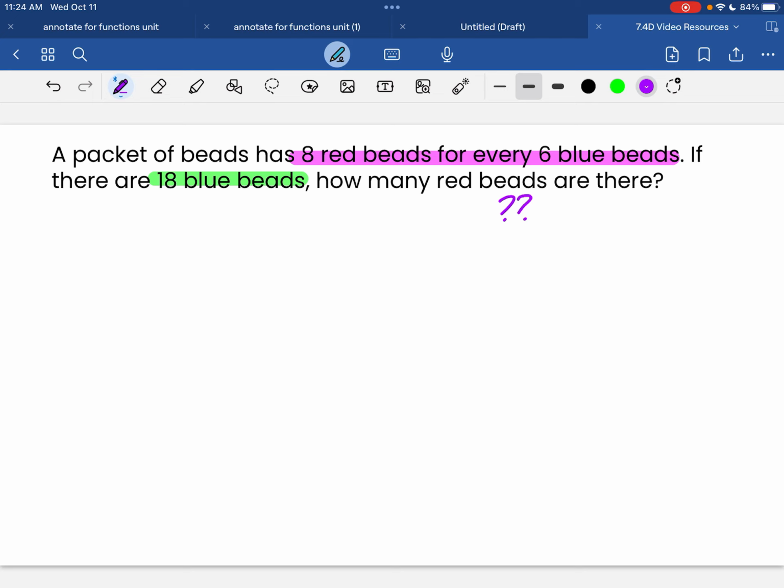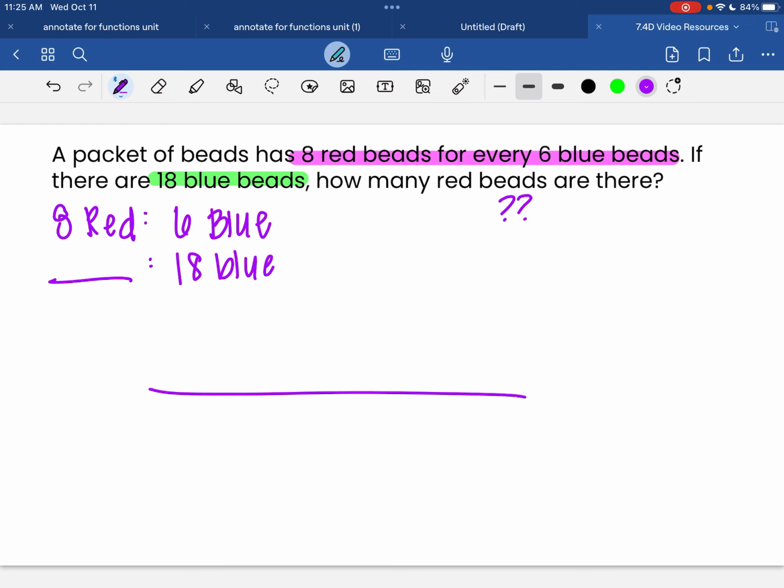So when I analyze the question and I determine what I know, that there's 8 red for every 6 blue. And then I know that there are 18 blue beads, and I'm trying to figure out how many red. So I'm going to represent my thinking in a ratio table. And I know I'm comparing blue to red.